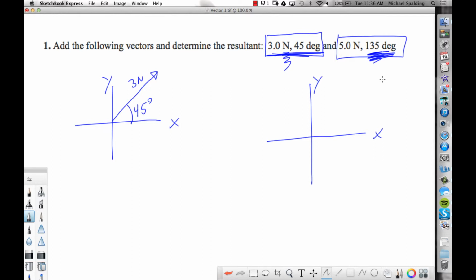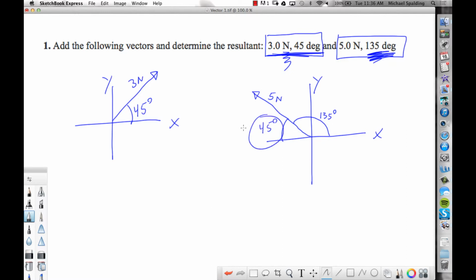Where is it being measured from? The positive x, right? So 135 is going to be about there. So this is your 5 Newton vector like that, 135. But what's that the same as? 45.